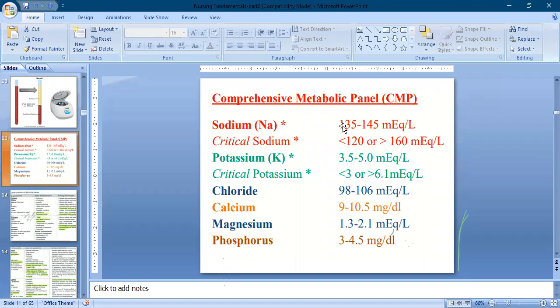So if anything happens, like fluid loss, GIT loss, diuretics, kidney not functioning well, hyperglycemia or heart failure, the sodium level goes down less than 135, and this is called hyponatremia.